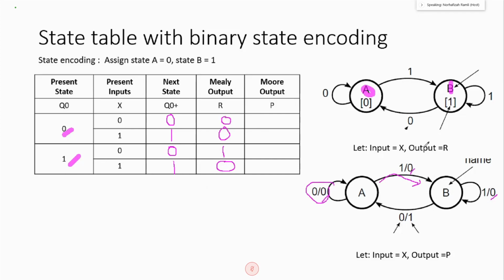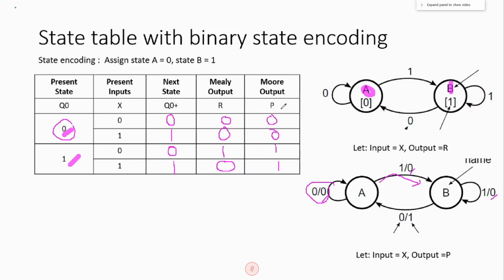Whereas for the Moore, it's much easier, because as long as you are in state 0, your output will always be 0, so you just put 0, 0. As long as you are in state 1, or B, your output will always be 1, so you have 1, 1. You see the difference?